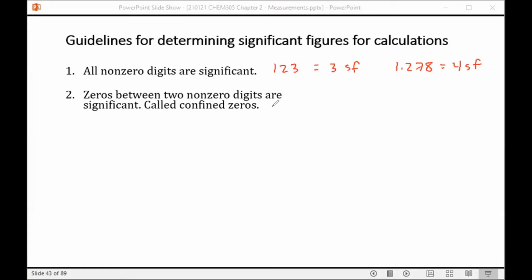For example, let's say we have 1205. This 0 here is a confined 0, so it counts as a significant figure, and so we have 4 sig figs in this number. If we have 1.032, this 0 is a confined 0, it's between two non-zero digits, so we have 4 sig figs in this number.